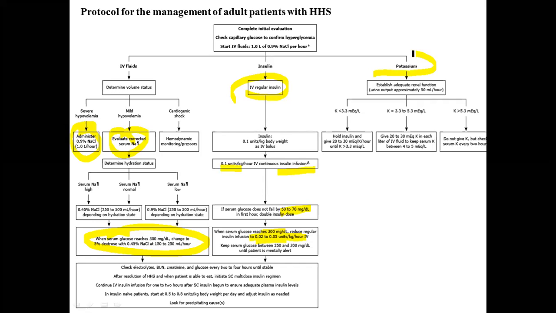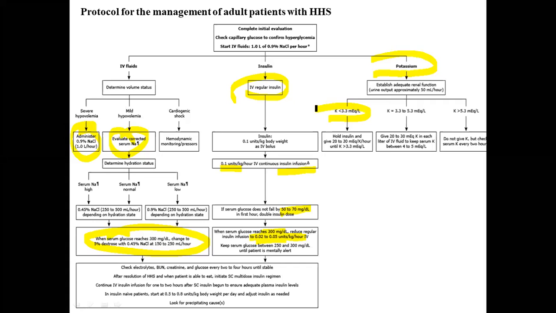Then there is also the component of potassium. If the potassium level is less than 3.3, you have to hold insulin therapy because hypokalemia can cause arrhythmia. So close monitoring of the potassium level every 2 hours is very important as we give the insulin infusion.